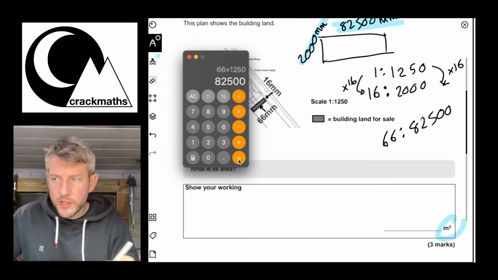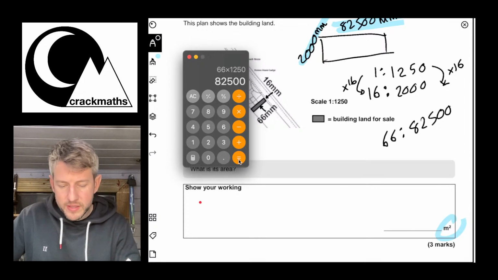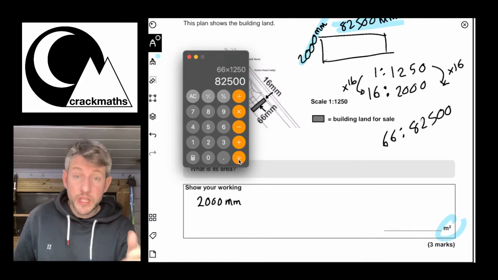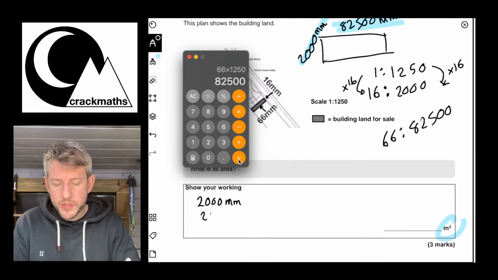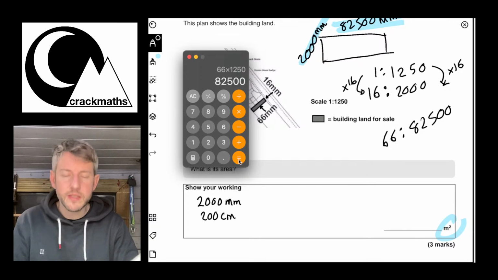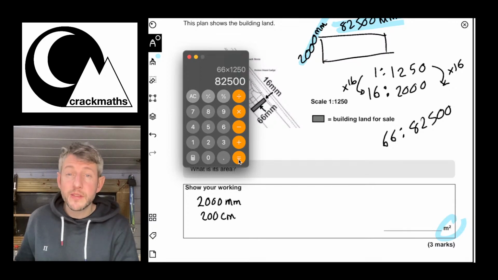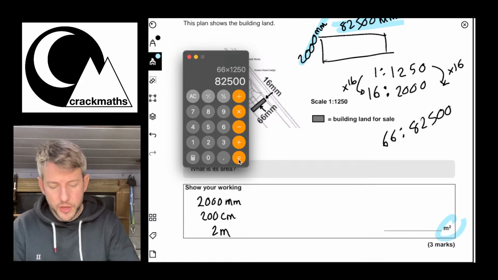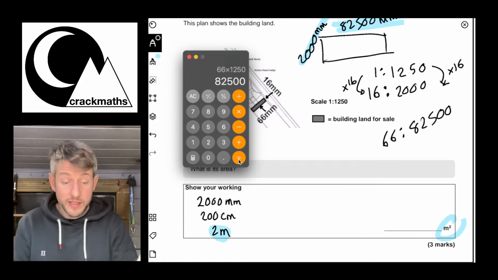Okay, so let's do the 2,000 first. So 2,000 millimeters. To go from millimeters to centimeters, we divide by 10. So this becomes 200 centimeters. To go from centimeters to meters, we divide by 100. So this is 2 meters. So the width is 2 meters. Now let's do the longer one.